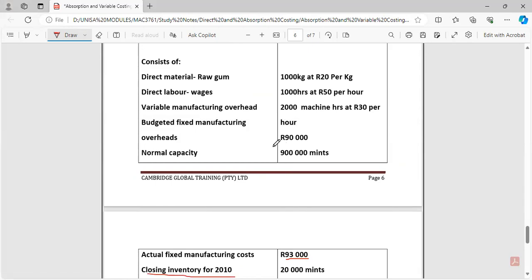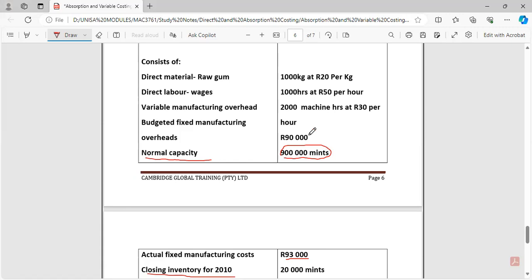So you are going to calculate your fixed overhead rate using the normal capacity, because this is the budget. Remember, we allocate fixed manufacturing overheads using the budget. So this is what they were expecting, and it's the one you are going to use to calculate your fixed manufacturing overhead absorption rate.